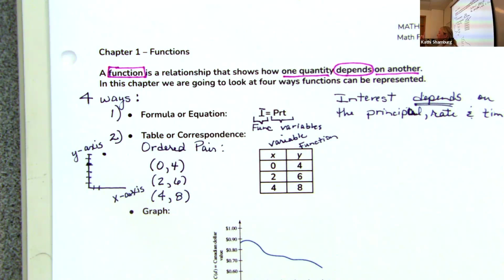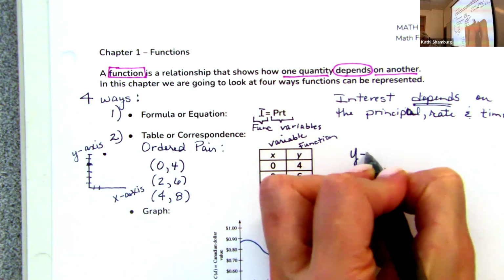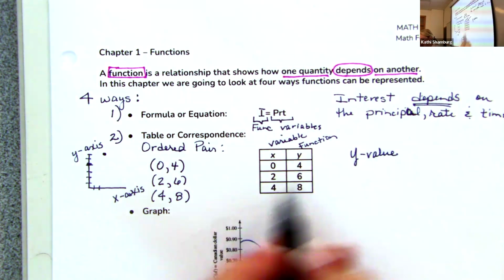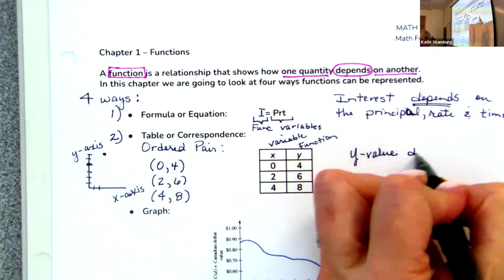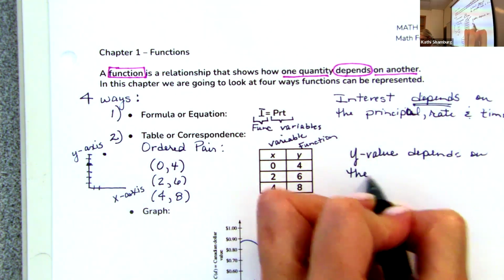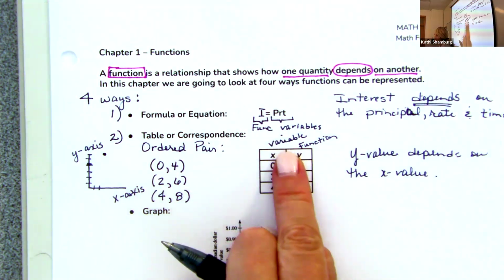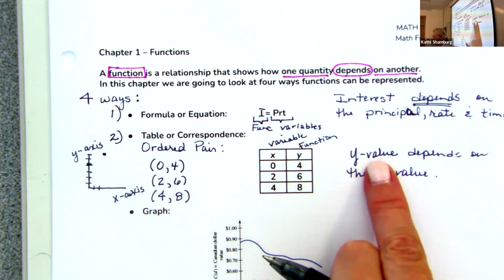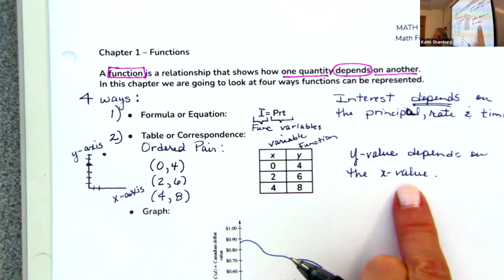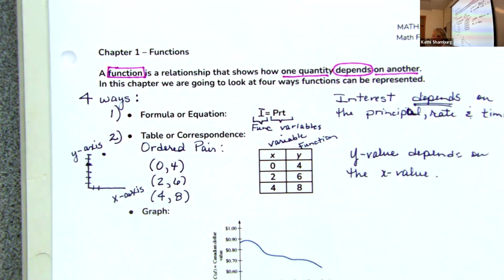So think that function is dependent upon variables. Okay, so that would mean in this case, the Y value, which is considered your function, depends on the X value, which is considered your variable. So the function always depends on the variable. Function depends on the variable. Always, always, always. Okay. All right.